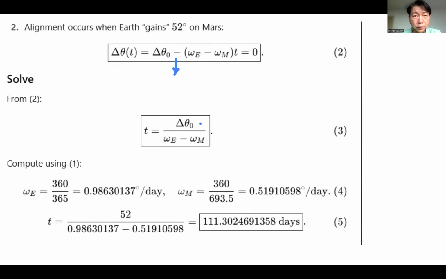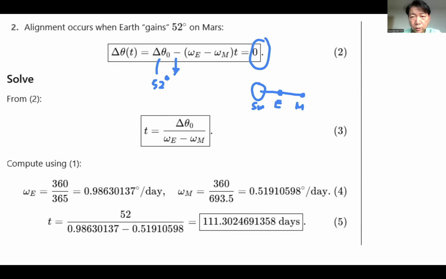Initially it was the 52 degrees, and then as it revolves around, you need to keep Earth, Mars, Sun aligned, in this case, like this. So the angle theta between the Earth and Mars should become 0.